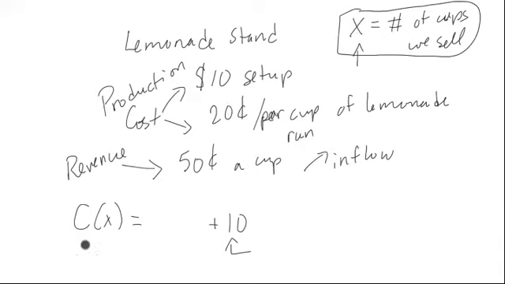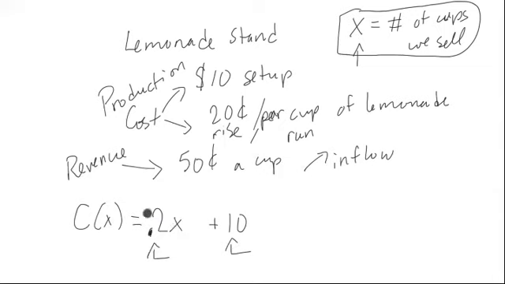The output of this function is money, right? So it looks like this is rise over run. In other words, it's slope. 20 cents per cup, that's a slope. If we think in terms of dollars, 0.2 is our slope. And we have a nice cost function coming from recognizing slope and intercept.